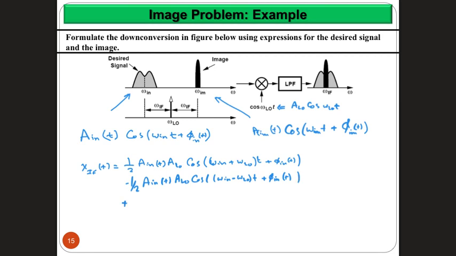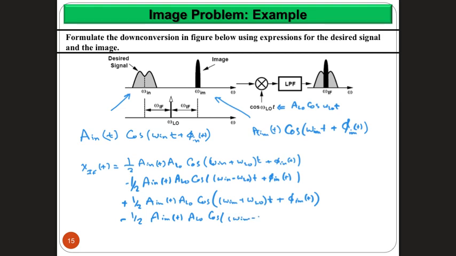and then plus the terms that come from the image. So half A image of t, A local oscillator cosine of omega image plus omega local oscillator t plus phi image of t, minus half A image of t, A local oscillator cosine of omega image minus omega local oscillator times t plus phi image of t, right?